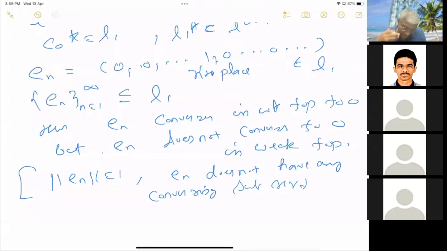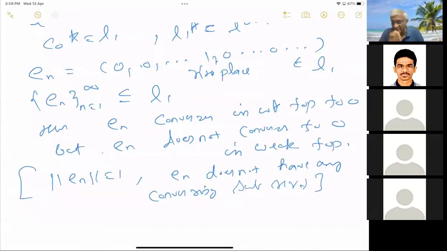Because of that, the compactness is sequential. If the space is separable, then the unit ball is sequentially compact, so every sequence will have a convergent subsequence. But this En does not have any convergent subsequence. We will discuss this. So this will imply that the unit ball of L1 is not weakly compact.